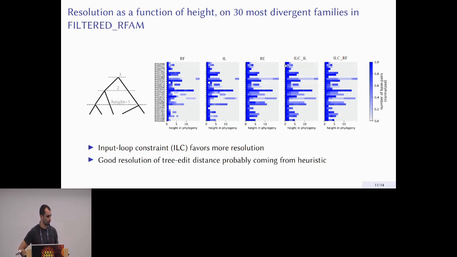And finally, I was telling you about this constraint of the ancestral structures only having input loops or input internal leaf sets. And that gives us a lot more resolution as we go up the tree. So the ancestral structures look more like the structures at the leaves. Okay.